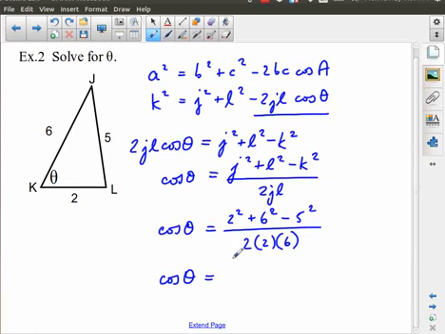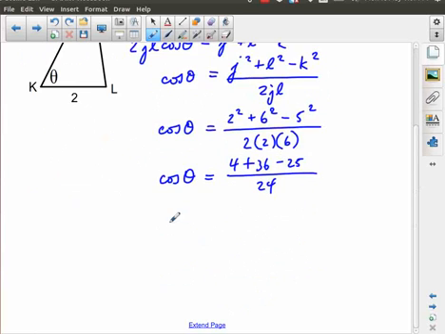So 2 squared is 4, 6 squared is 36, 5 squared is 25, so that's subtract 25. 2 times 2 is 4, times 6 is 24. Cosine of theta is equal to 4 plus 36 is 40, minus 25 is 15 over 24. And this actually paid off. This is a nice clean fraction.